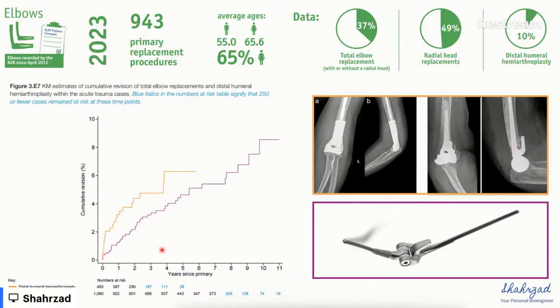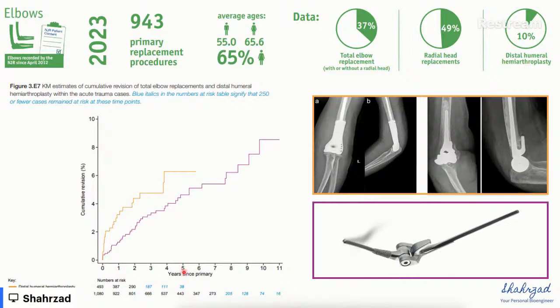Now, if you look at this graph right here, it is comparing distal humeral hemiarthroplasty, all of these up here, the orange line, and total elbow replacement, this purple line.